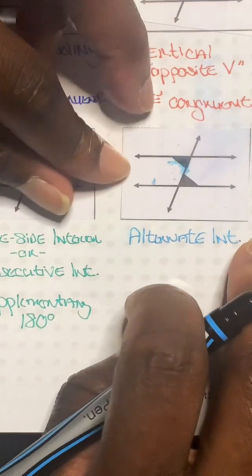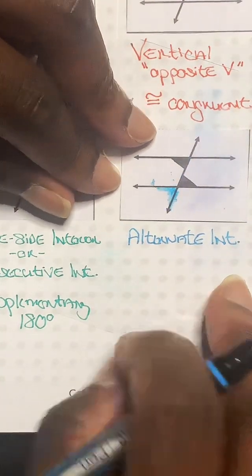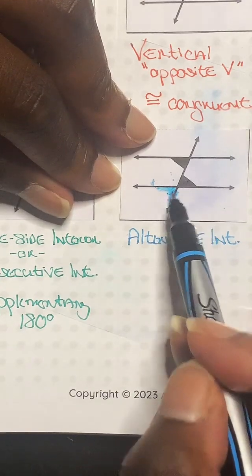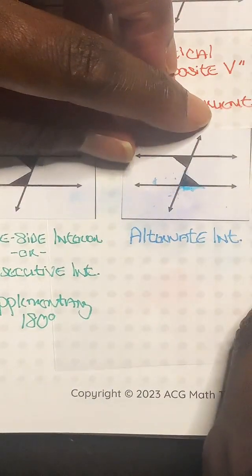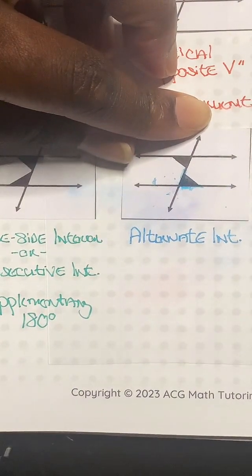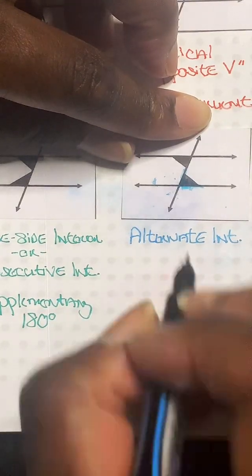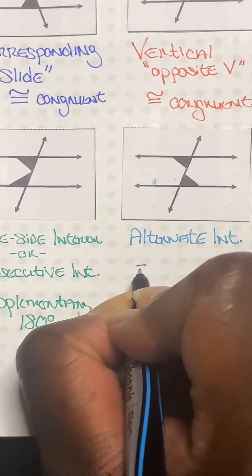If I slide down, I can match up with this angle, but then we've got vertical angles right here. Remember that? So if I flip that, it matches up. So alternate interior angles are also congruent.